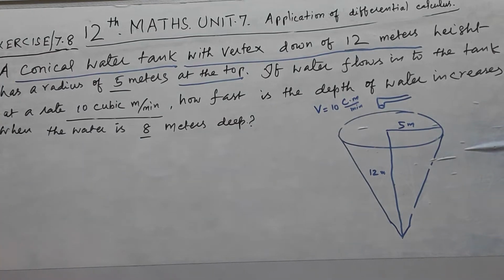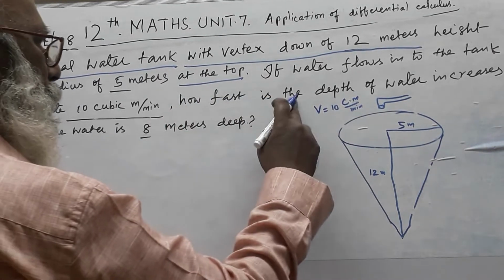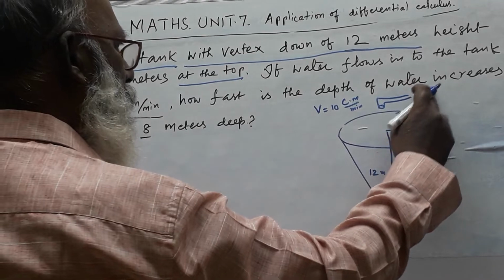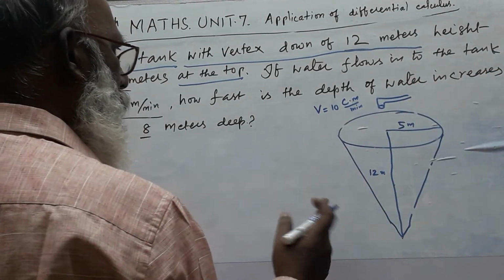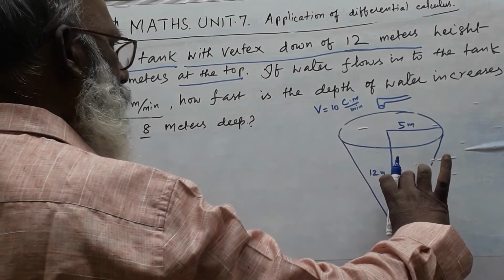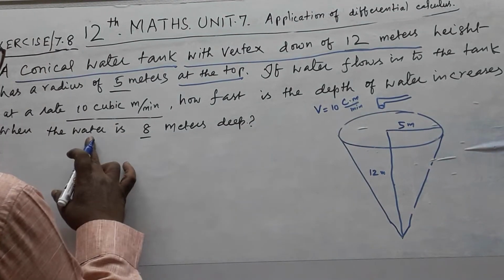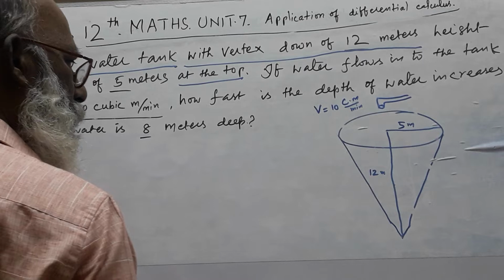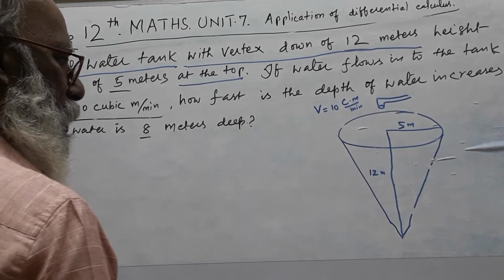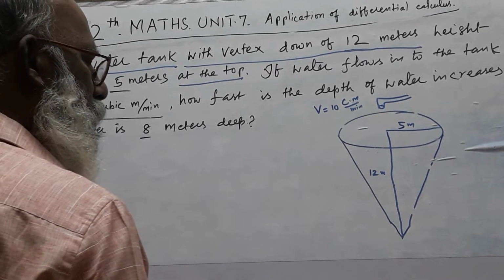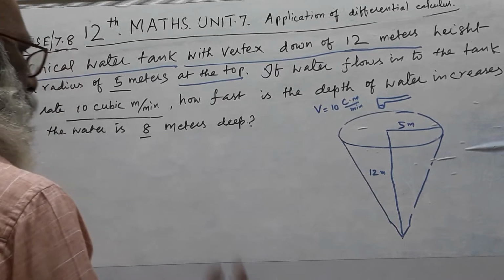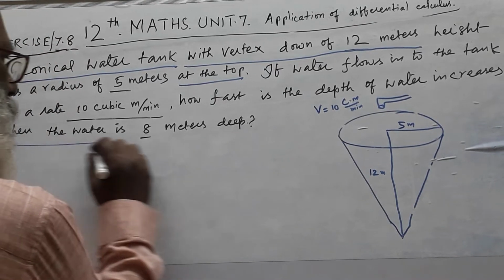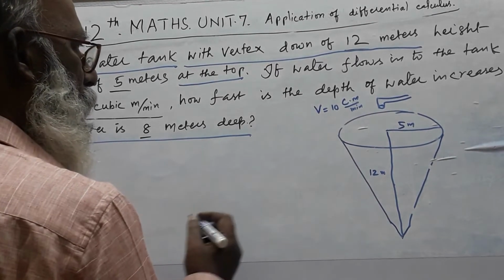Then how fast is the depth of water increasing? How fast does the depth of the water increase when the water is 8 meters deep? Now, to calculate this value, this is the motto of our calculation.